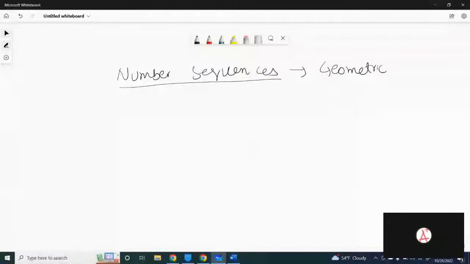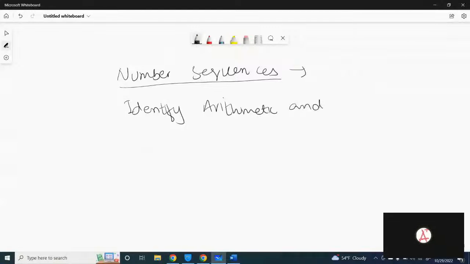Oh, sorry, not geometric sequences. The lesson we're going to start with is identify arithmetic and geometric sequence.